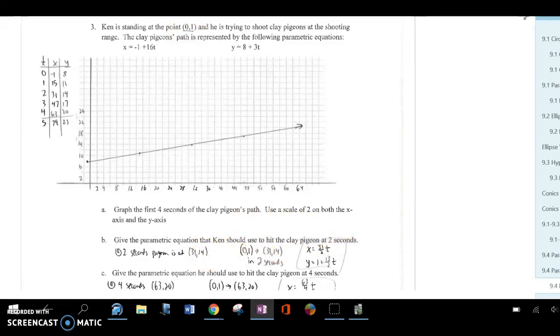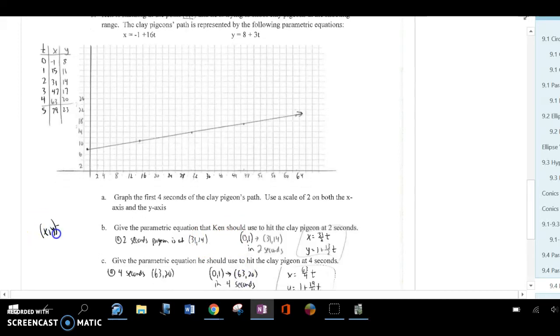So we have x comma y equals 0, 1, that's the initial, plus going from 0, 1 to the point 31, comma 14, because that's where the clay pigeon is at 2 seconds, means you're going right by 31 and up by 13 times t, but we're doing that in 2 seconds, so then we have to divide that by 2, otherwise it's going to get there too quickly. And from there we can get our two equations. X equals 31 halves t, and y equals 1 plus 13 halves t.